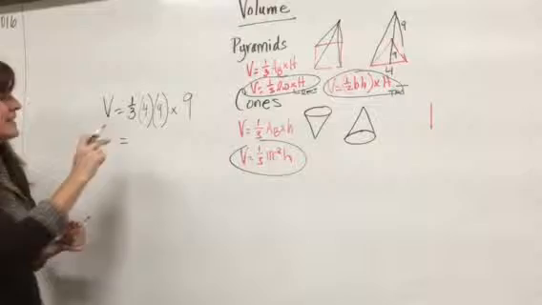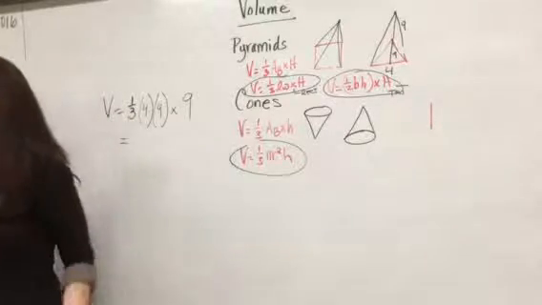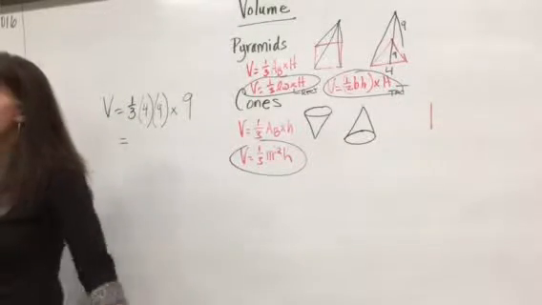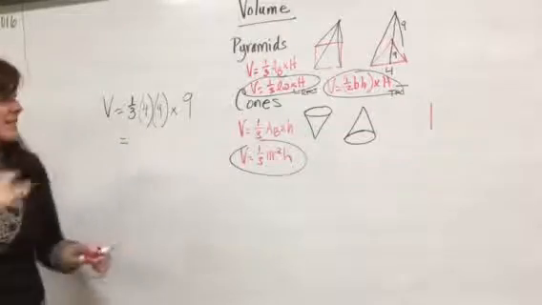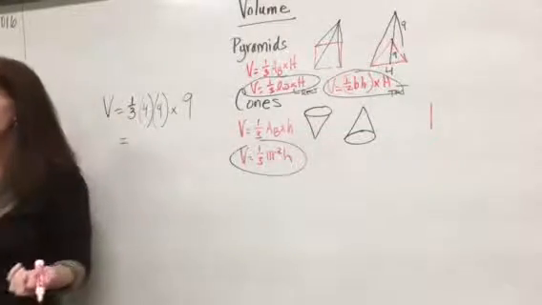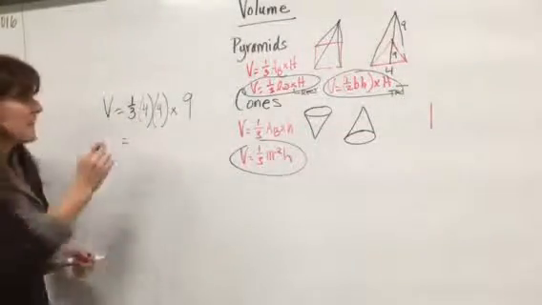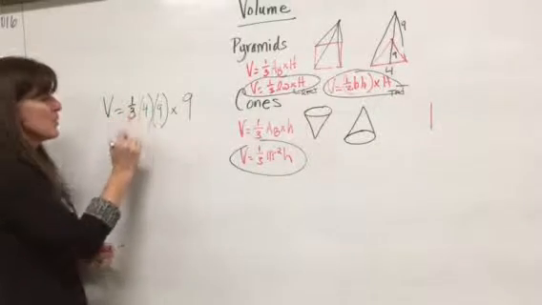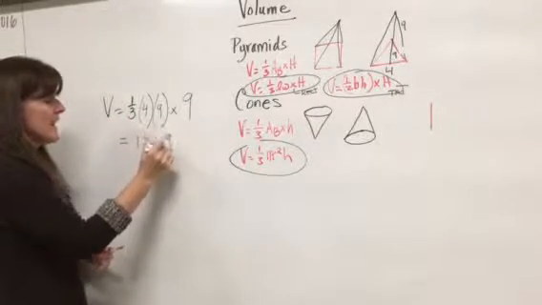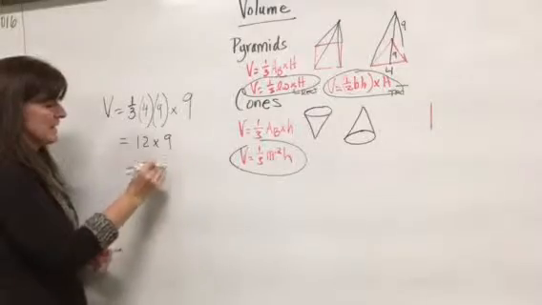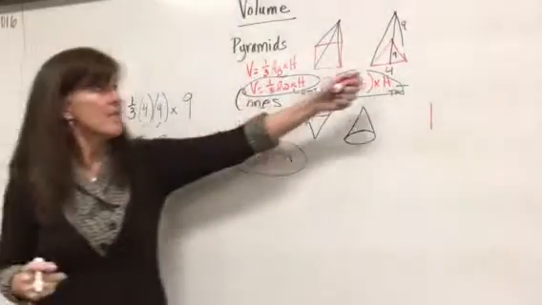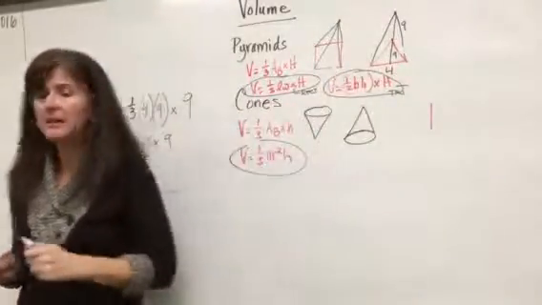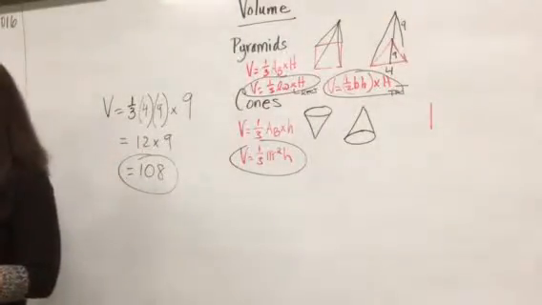This will make it a little bit easier. I can do 1/3 times 4, but then I have 4/3 and I'm dealing with fractions. But if I do 1/3 times 9, what do I get? 3. So let's make that easy. 3 times 4 is 12 times 9 equals 108. So the volume of this triangular pyramid is 108. Any questions on that?